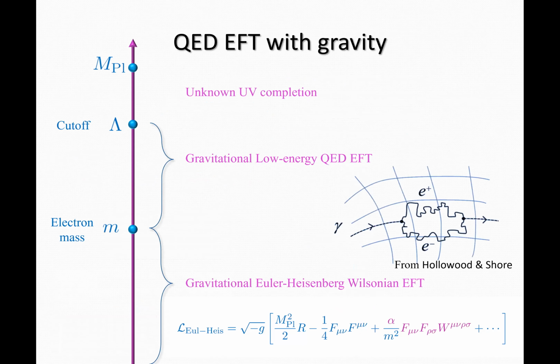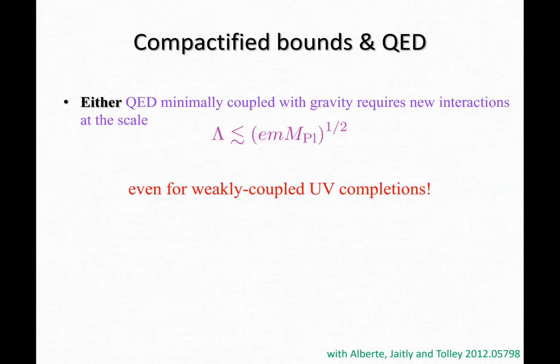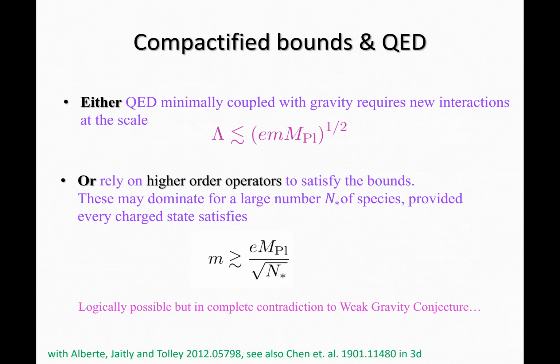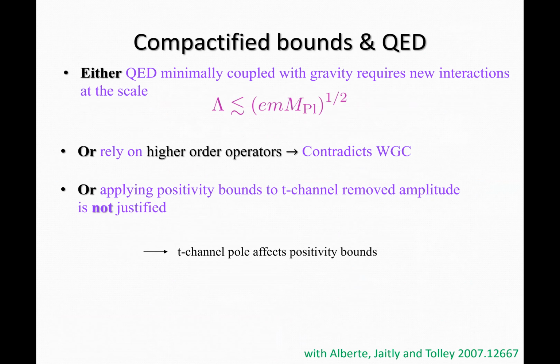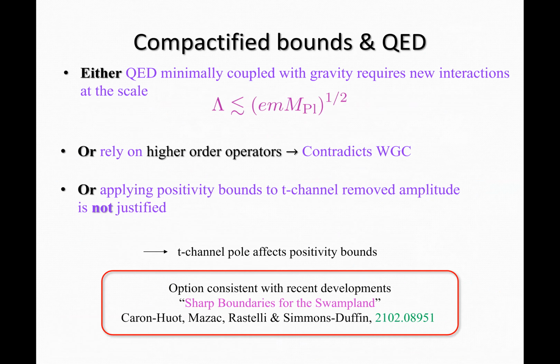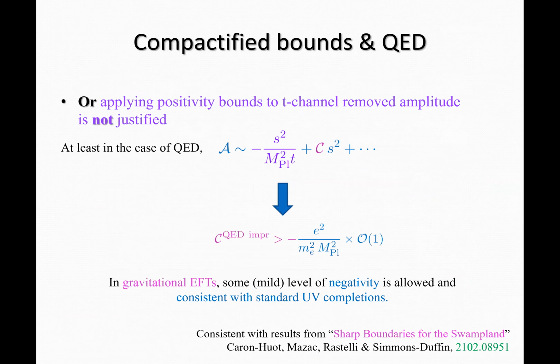Yeah, what I would say is that at the very least, in this context, you have to allow yourself for that third option, for this thing here. So you satisfy the Froissart bound, the T-channel pole is there, but it manifests itself in a mild violation of this coefficient here.